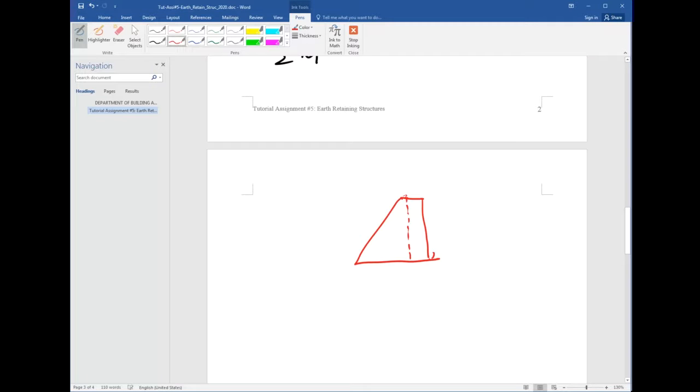That is 0.6 meters, right? And you got the midpoint here, right? So what's the base length? 4 meters, right? So 2 meters.